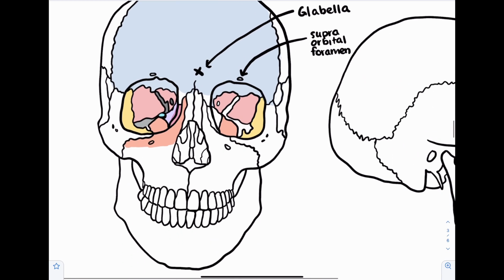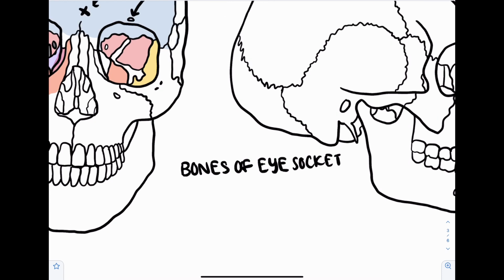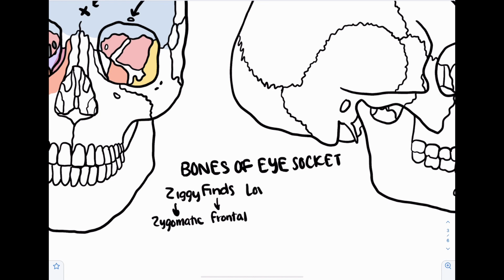So my little saying for the bones of the eye socket: Ziggy finds lovin' every man seen. Ziggy, standing for zygomatic. Finds, frontal. Love, lacrimal.